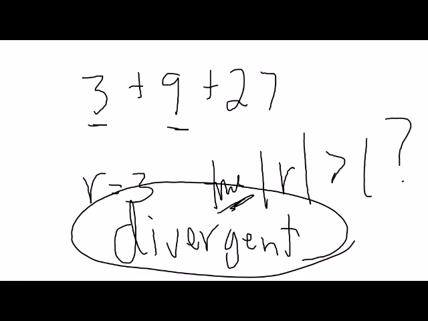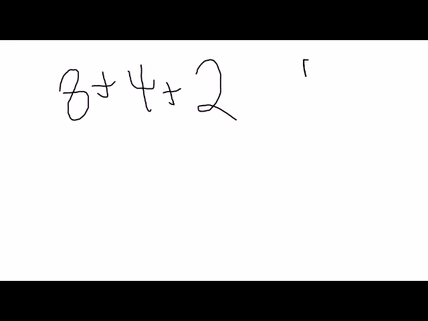Okay, for number 9, evaluate the infinite geometric sequence, round to the nearest hundredth if necessary. In these cases, since we have a convergent series, we can get the sum. You have 8 plus 4 plus 2. So you can see how it's going to be approaching 0 here. It's multiplying by 1/2. So r is 1/2. a sub 1 is 8. So your sum of the convergent series is going to be a sub 1 over 1 minus r.